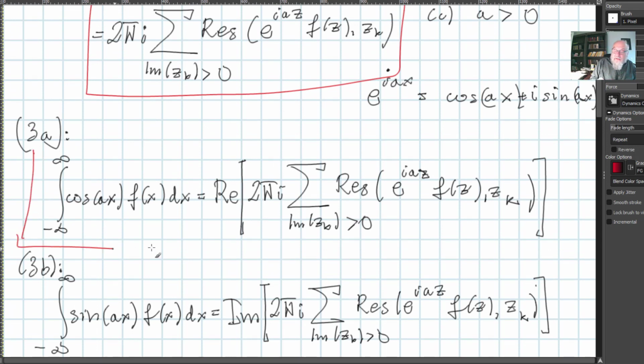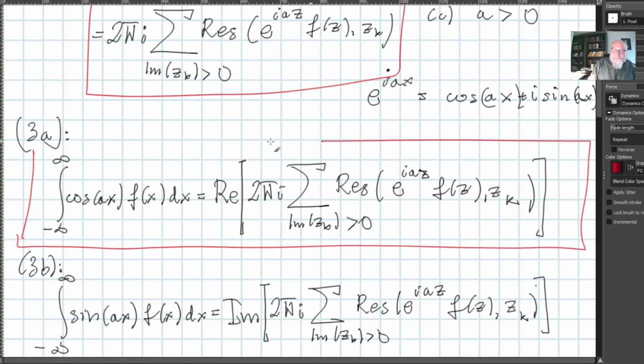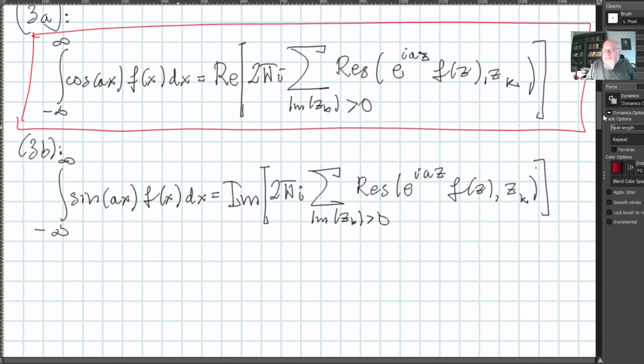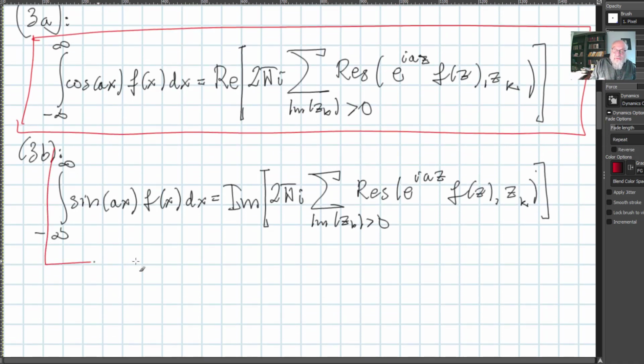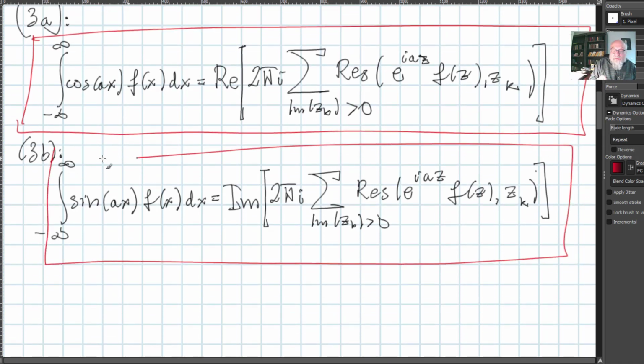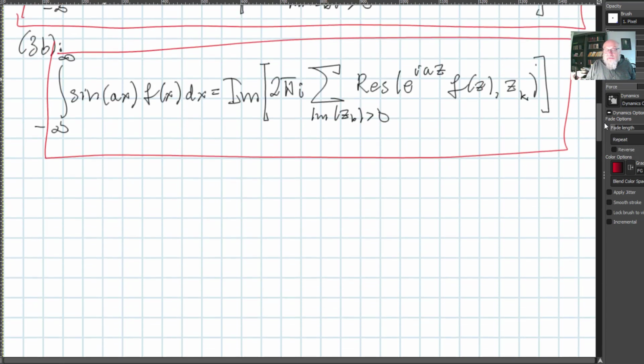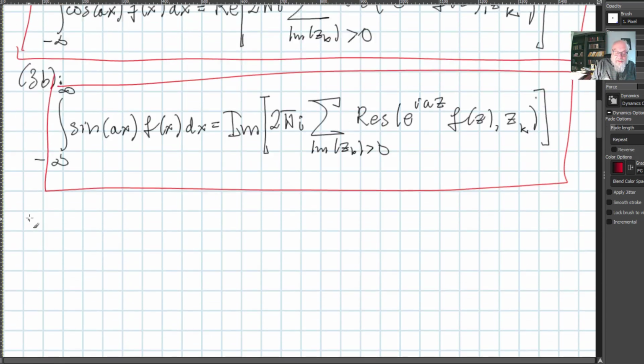So what do I see? I see this one and that one. Let's apply these formulas and try to compute some examples. So maybe begin with something. Example number 1 related to the trigonometric formula.